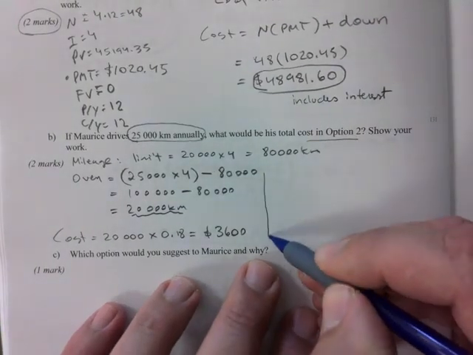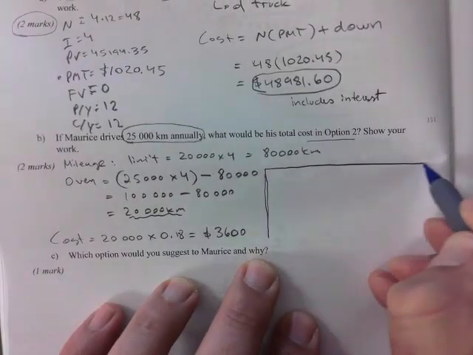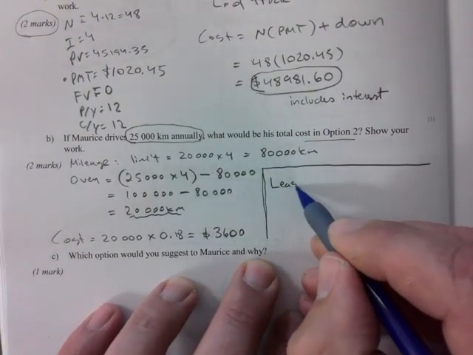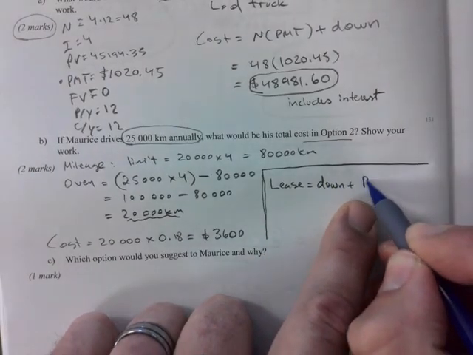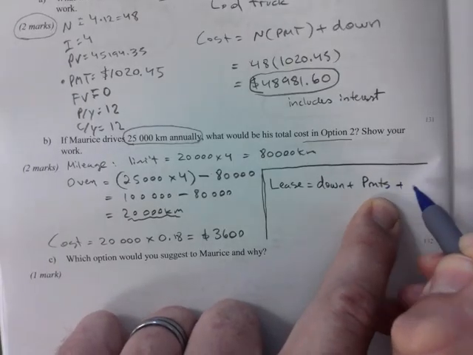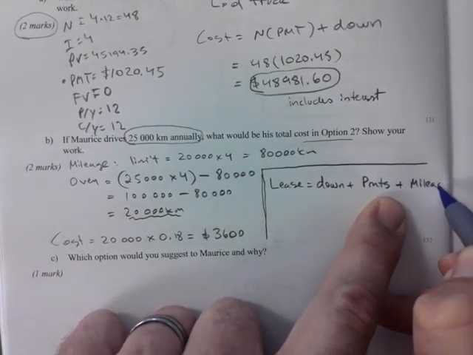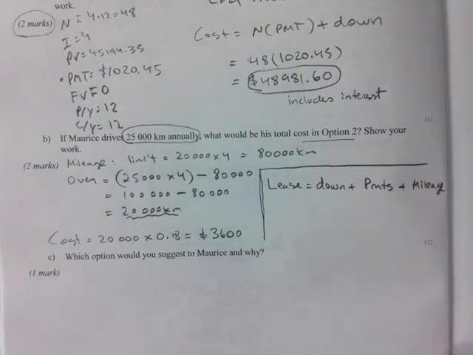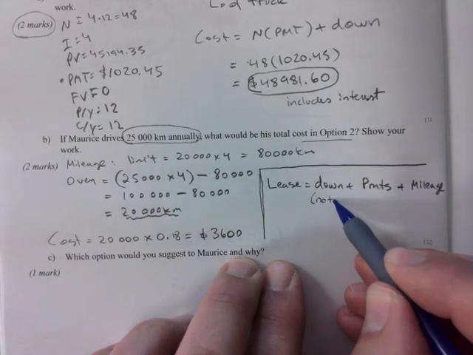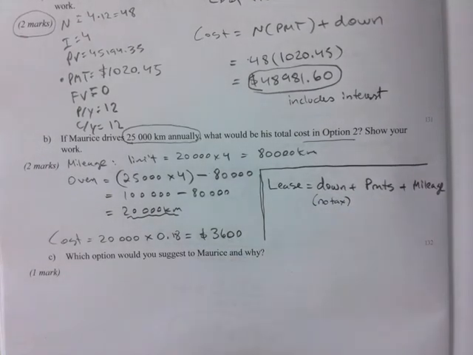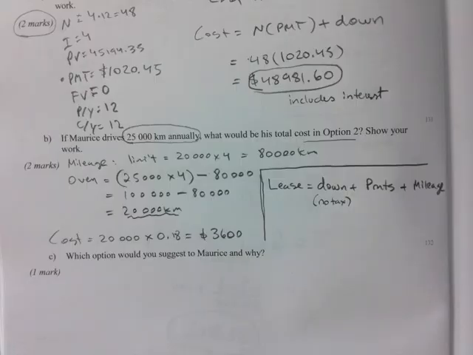And now we can enter the final phase of this, whereas lease is down plus payments plus mileage. The only one that isn't taxed is your down payment in a lease. Your down payment is never taxed. So don't add taxes if it doesn't mention including taxes.